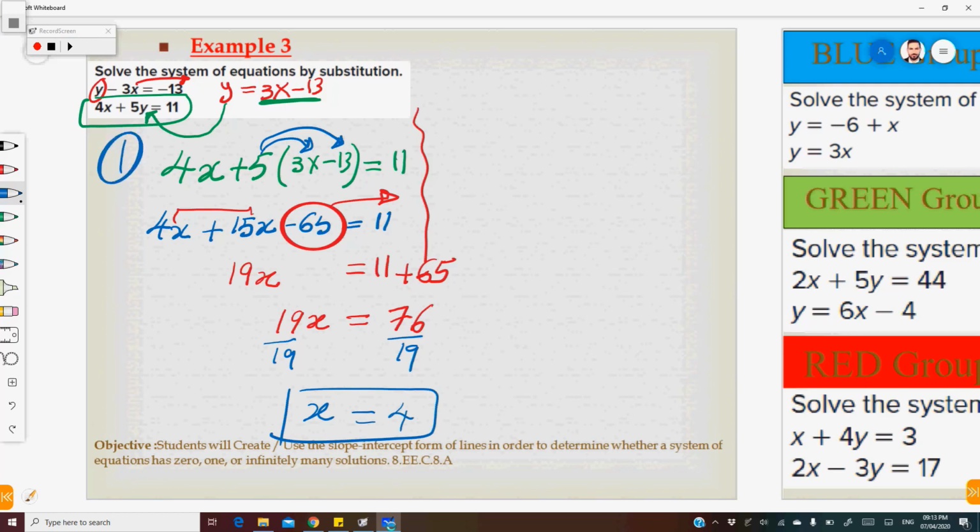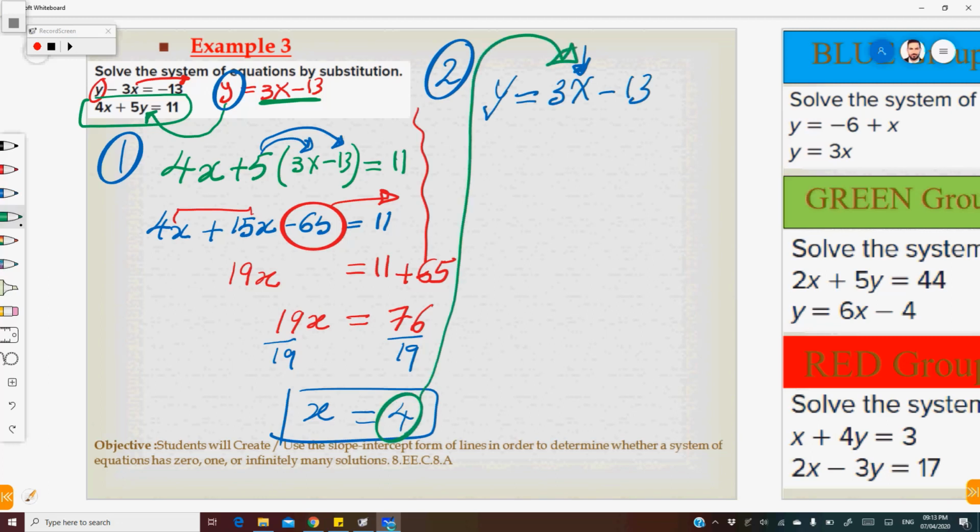In step number 2, how to find the value of y. You will find the value of y if you write y equal 3x minus 13, and you will replace x with the number 4. You will replace it here. Y equal 3 times 4 minus 13.